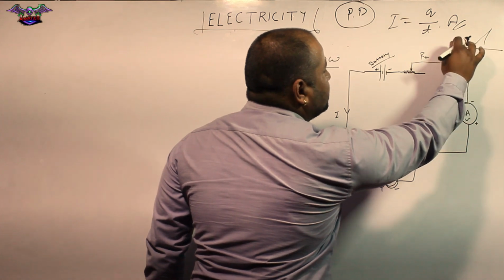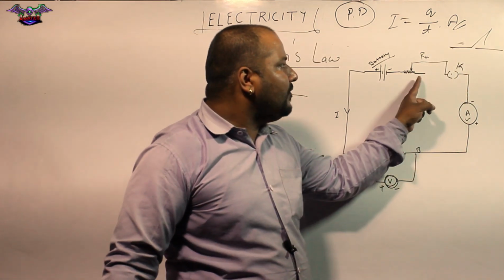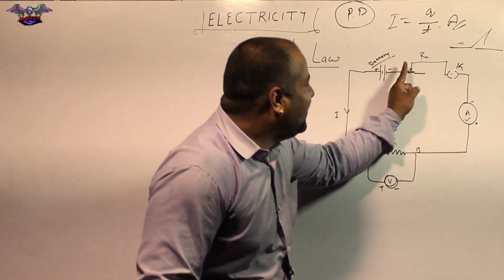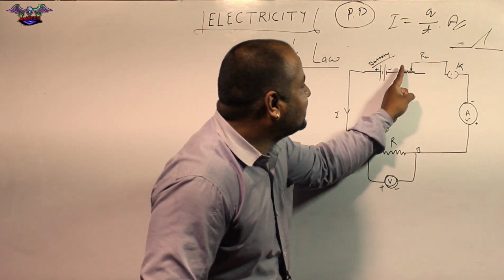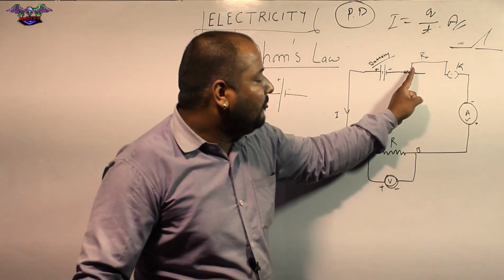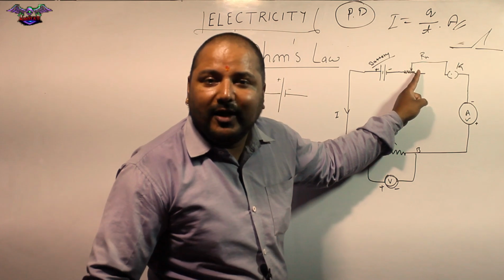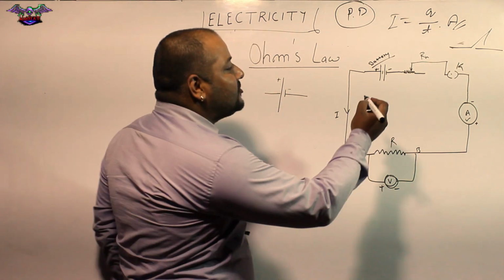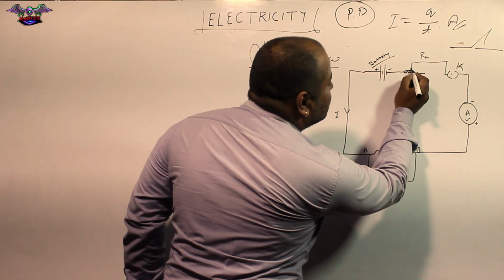Now the next one looks like the resistor, but we can vary it. We can change the value of the resistance, 2 ohm, 3 ohm, 1 ohm. As we require, we can change this resistance.